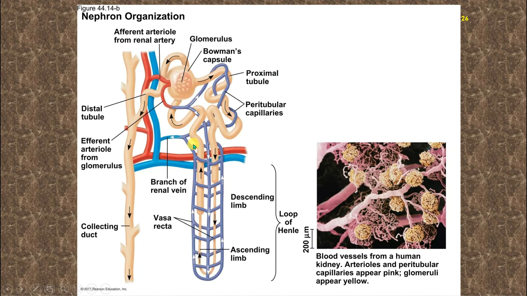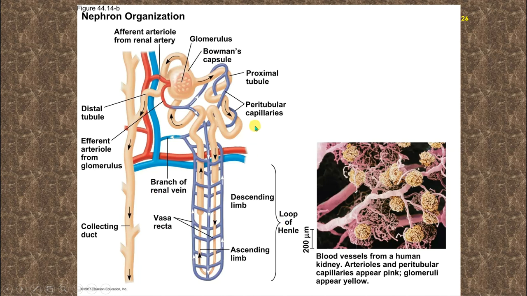The filtrate will go into the proximal tubule, then the peritubular region, the distal tubule, then the descending limb, and once again the ascending limb. Then it forms the distal collecting tubule and flows into the collecting duct. Later it is excreted as urine. So this entire structure is called the loop of Henle.